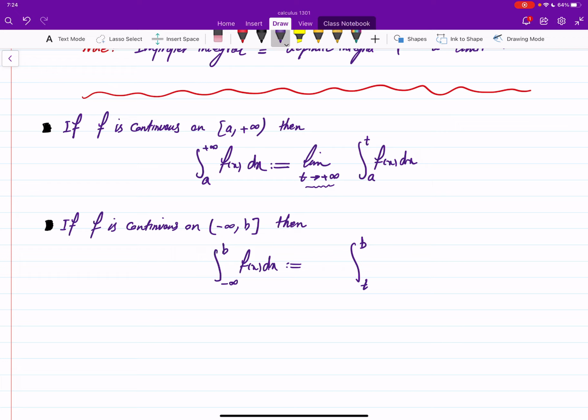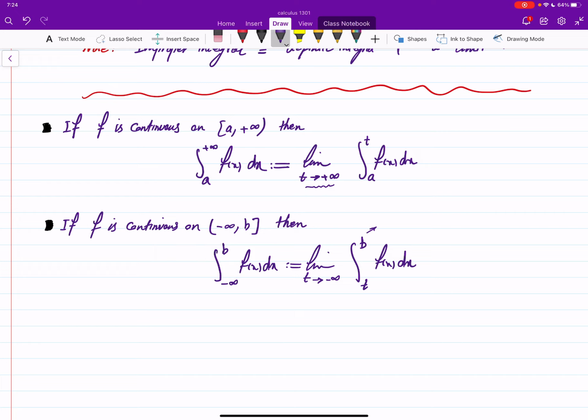Then you integrate this and evaluate it. Here b is a constant, but t will give you a variable, and after you integrate, you will get a function in t. Then let t go to negative infinity.